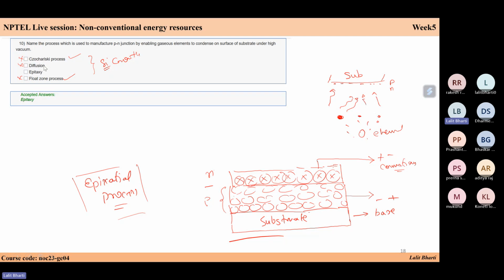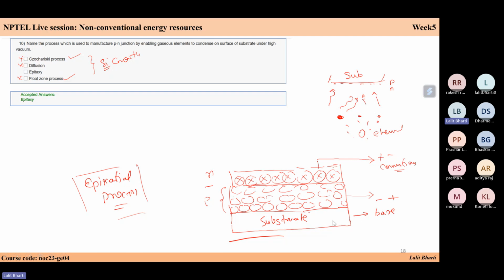Diffusion is also not the correct answer. So we have epitaxy. We already saw what the epitaxy process is. We have a substrate as a base, then we make a growth in the direction of the plane. We have the p-type growth here, then the n-type growth here, and this is called epitaxy.